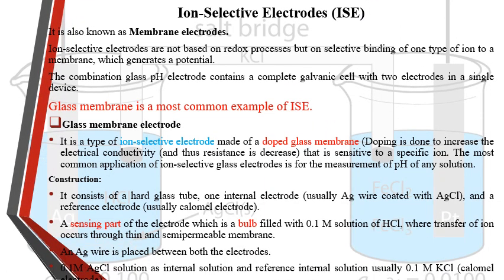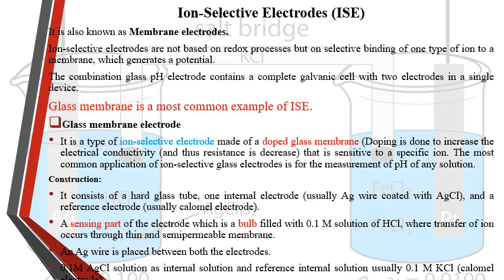The ion selective electrode, or the membrane electrode, membrane indicator electrodes, have a membrane that is selectively permeable to specific ions. These electrodes offer high sensitivity and are widely used for measuring ions like hydrogen, sodium, potassium in various samples.